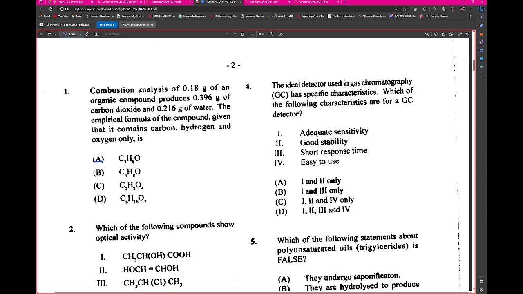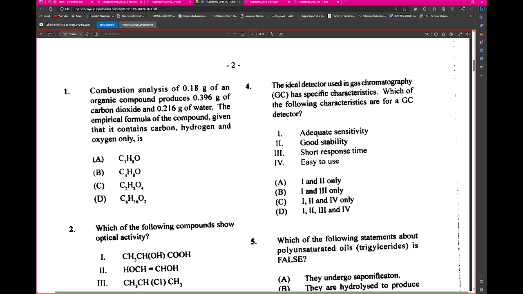Okay. Anyone else? If I were to put an answer, I would put B. B, 1 and 3. So does it have to have a short response time?